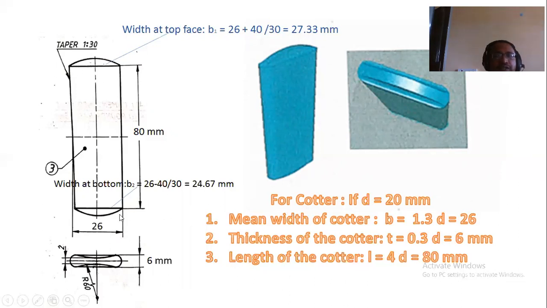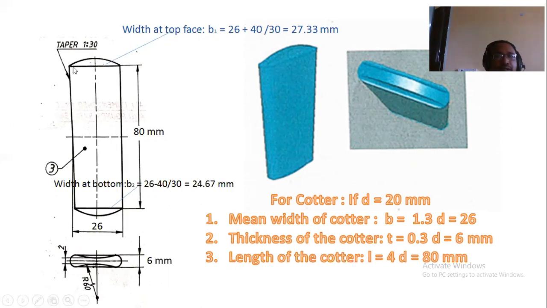Then the width of the bottom of the cotter is 26 minus 40 by 30, which is 24.67. From here to here, take 24.67. The edge of the bottom face is connected to the edge of the width which is marked at the top face.